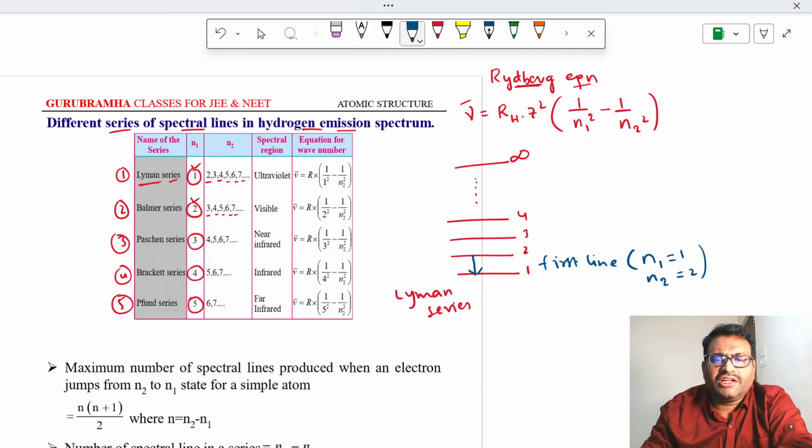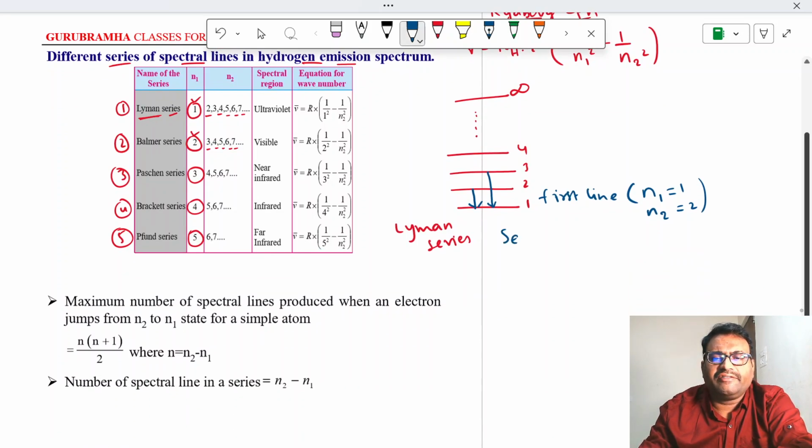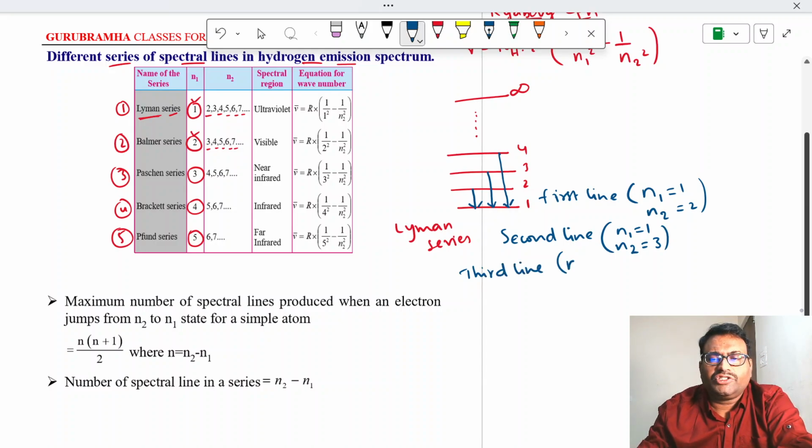Let us take the next line. When the electron de-excites from 3 to 1, what is that called? It's called the second line. So n1 is equal to 1, n2 is equal to 3. What will be the third line? For the next higher energy state, from 4 to 1, the electron is de-excited. This is the third line, n1 is equal to 1, n2 is equal to 4.